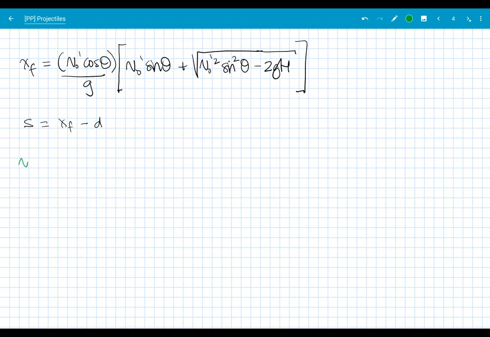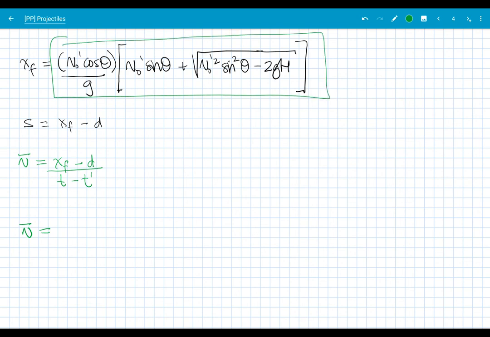So her average speed, if I write out the expression for that, is going to be x final minus d over t minus t prime. Okay, so we can write that out in terms of our equation. So x final is this whole expression up here. I'm going to change my color just to make it a little more visible.